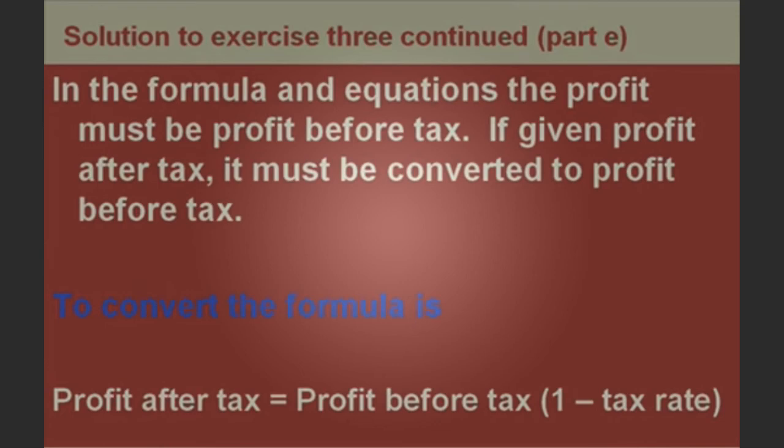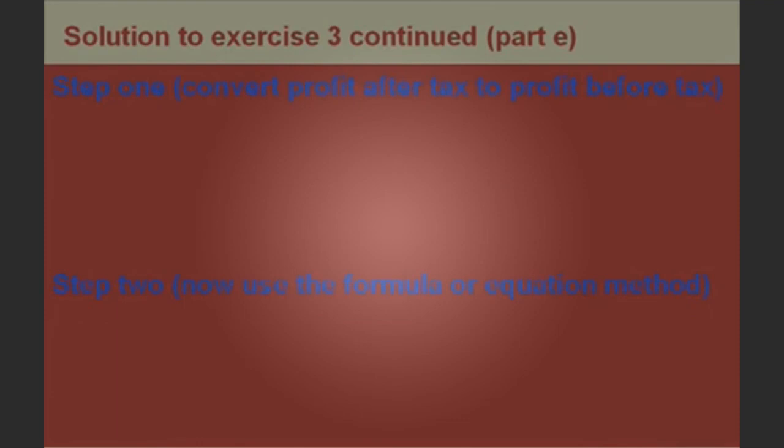So let's do it for the Lenski Corporation. There's two steps. Step 1, convert profit after tax to profit before tax. Step 2, now you use the formula or equation method and figure out what they're asking you to figure out. So step 1, the profit after tax was how much? 350. You can't use 350 because it's after tax. You have to convert it to before tax.